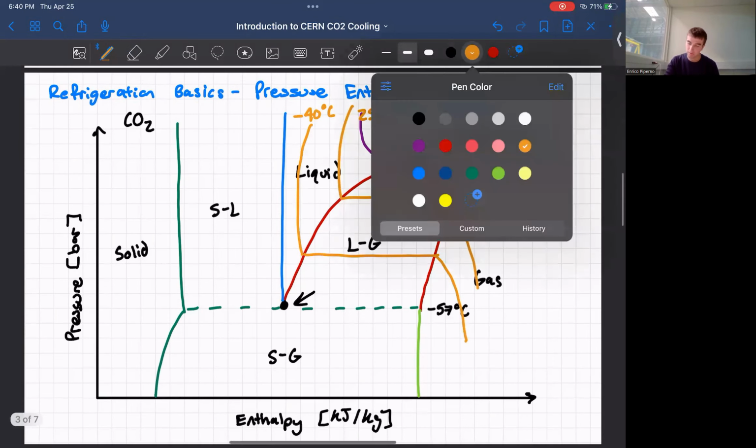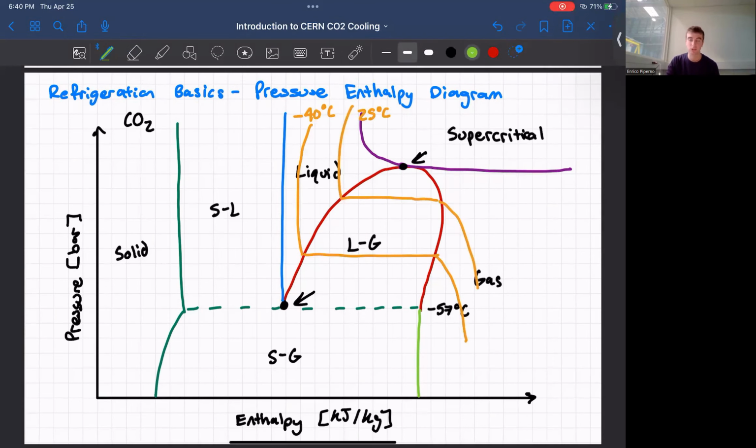I can also draw vapor quality lines, which describe the ratio of the two different phases in this liquid-gaseous region. So for example, in this middle line, we are exactly 50% liquid and 50% gas based on mass.